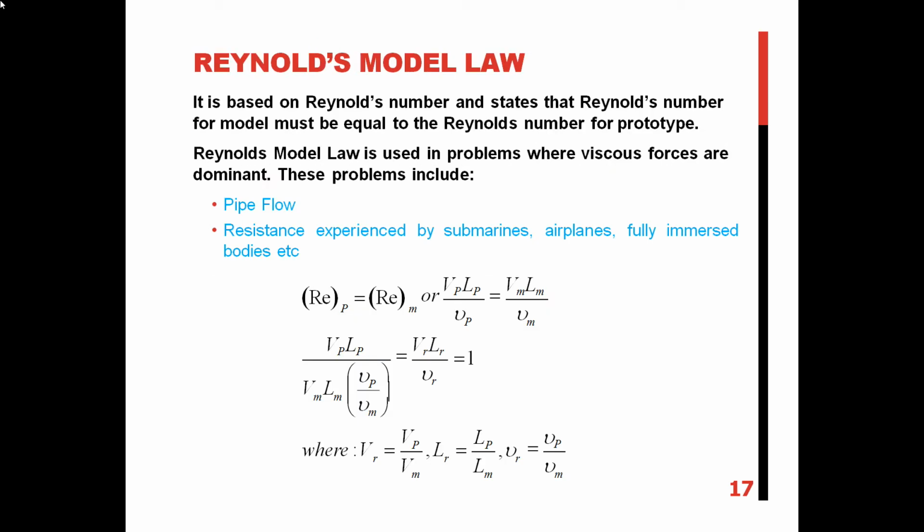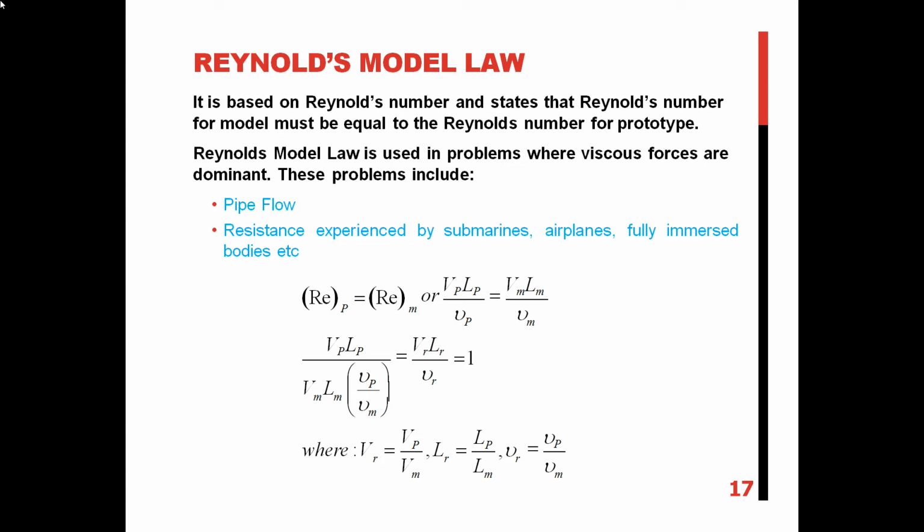First one is Reynolds model law. It states that the Reynolds number for a model must be equal to the Reynolds number for a prototype. Re for prototype has to be equal to Re for model.